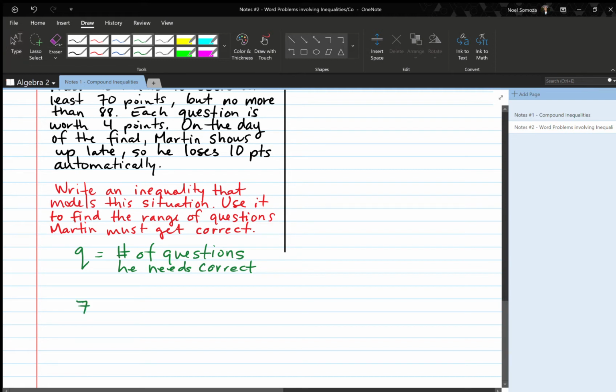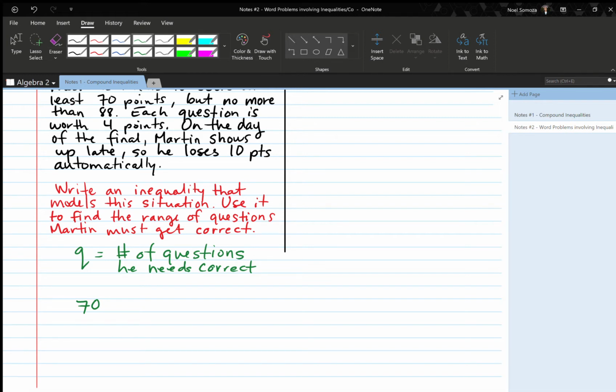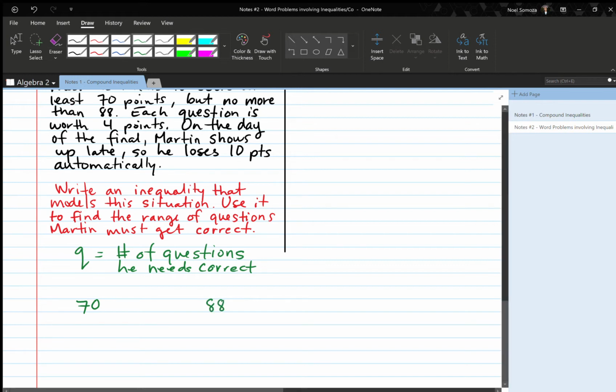70 on the left, and why did you make that decision? At least 70, so that's your minimum. What else? 88, and put the Q in the middle.